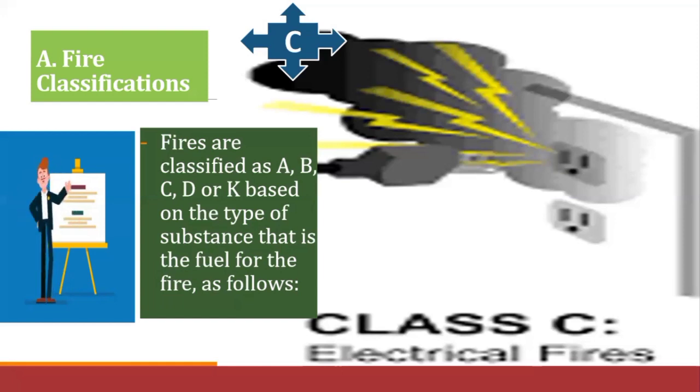Do not make use of other extinguishers that may serve as a good conductor of electricity. Otherwise, you or others may be electrocuted, or there is a possibility of unwanted effects.